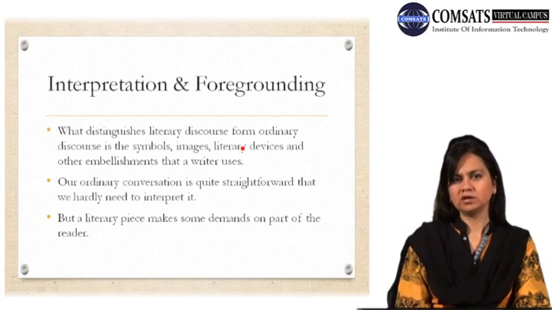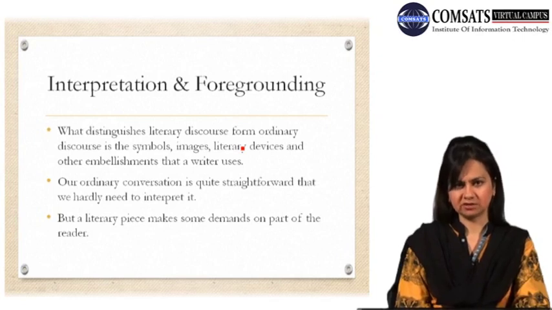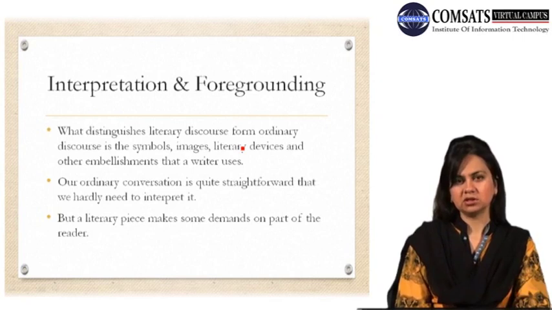Hardly or rarely do we make use of puns or sarcastic remarks or ironic remarks which have double meanings or double entendres. But literary writings abound with such expressions, and they make demands on the reader that he must interpret it. And when a reader is to interpret it, what sources of interpretation and what ways of interpretation is he supposed to rely on?